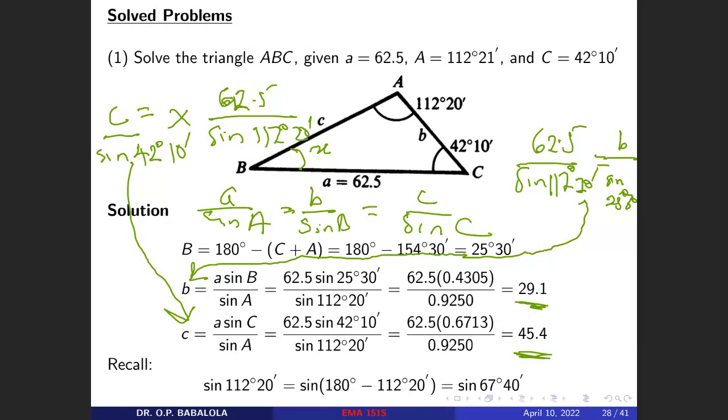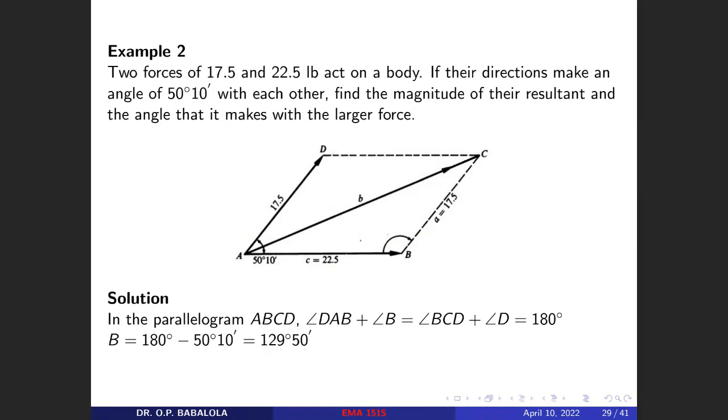Just note that for sine 112 degrees 20 seconds, I've used the reduction rule to reduce it to 67 degrees 40 seconds, okay? So that's what I've done. If you get confused, this is just what I've done. And yeah, I think I can continue.